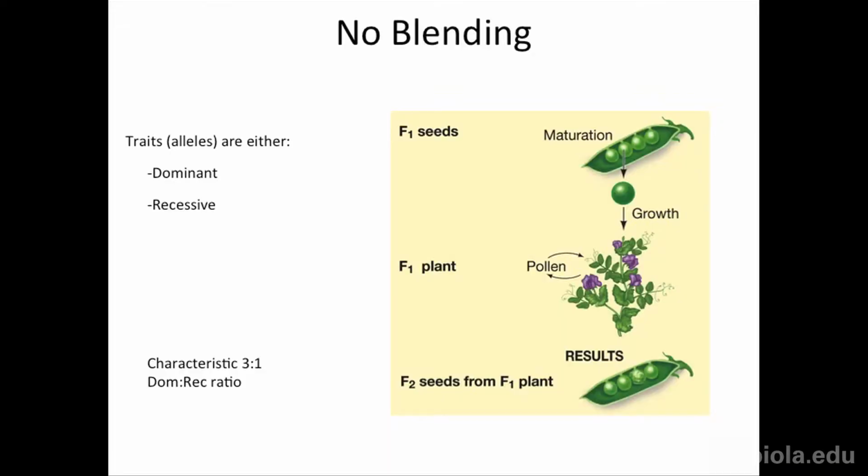Darwin says it depends on the gemmules you inherit. So if you took the gemmules from a smooth and the gemmules from a wrinkled, you should have a moderately wrinkled offspring, right? Because the gemmule percentage would be 50-50. You come together, you should have an almost right in between phenotype, right? A blending phenotype. But Mendel saw that there was no blending of these traits. The alleles were either dominant or they were recessive.